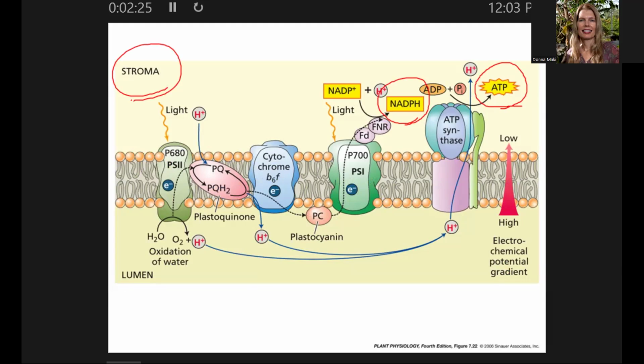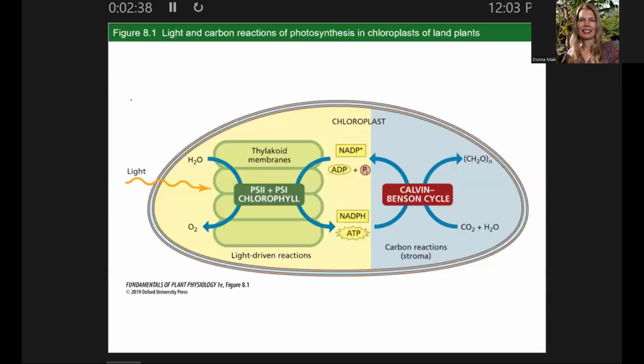And so once they have enough NADPH and ATP, they can then feed that into parts of the reaction that make sugars. And so that's the next stage.